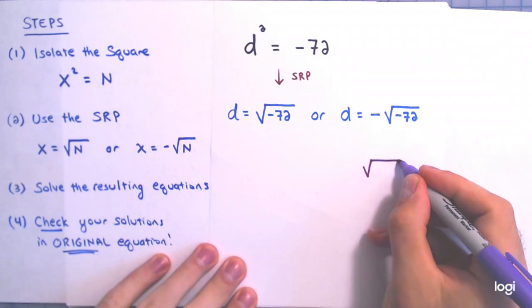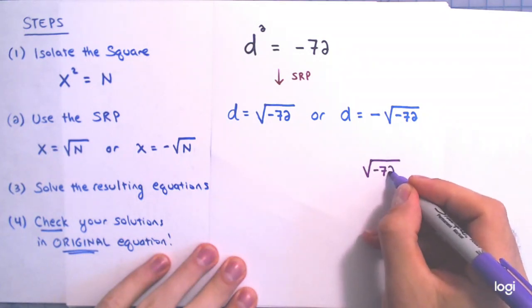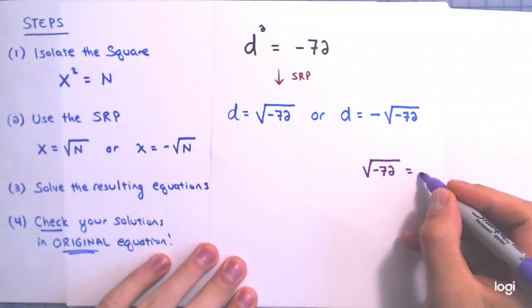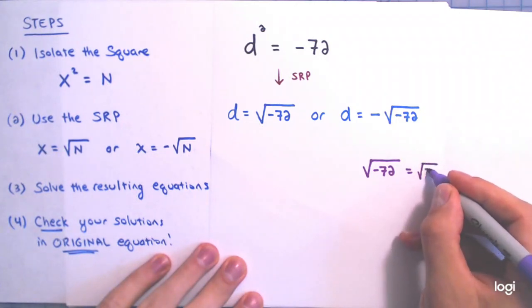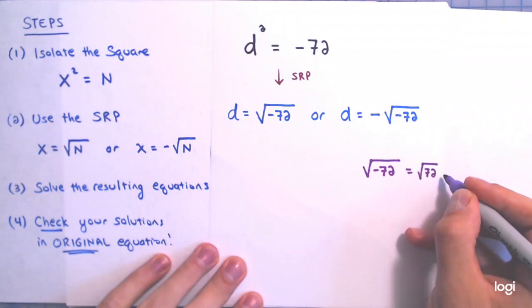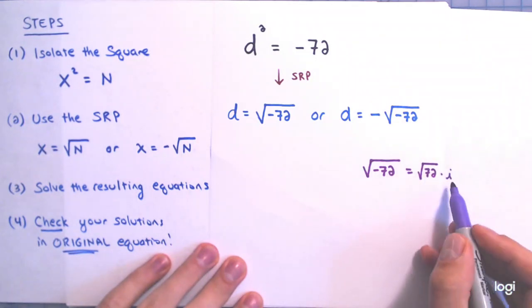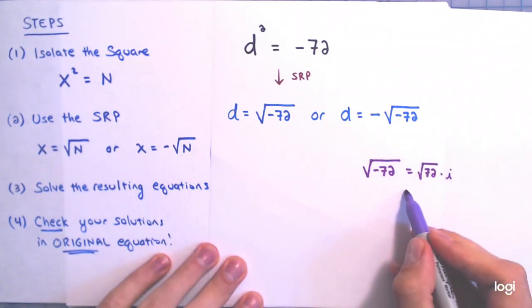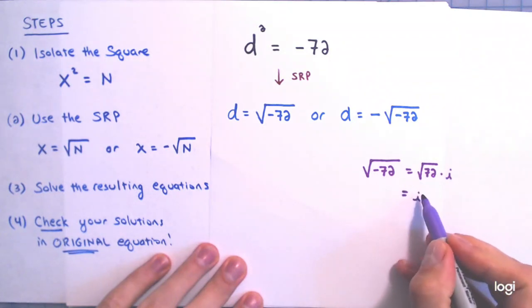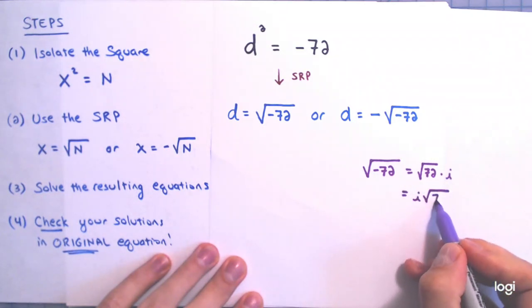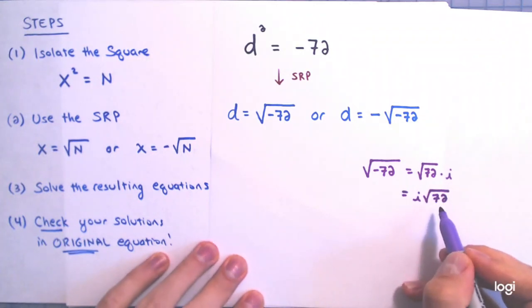If I rewrite this as a pure imaginary, remember, a pure imaginary is a real number times i. This is simply the square root of positive 72, a real number, times i. Or very often the i, the factor, is written before the radical. So you could write this as i times the square root of 72 as well.